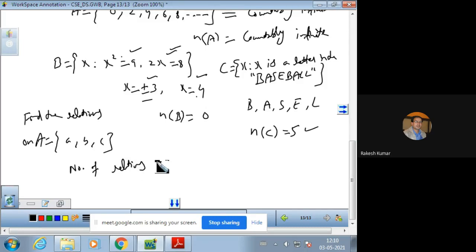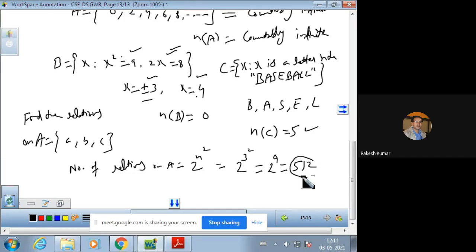To calculate relations, the formula is 2 raised to power n square, and what is n? The number of elements in the set. So 2 raised to power 3 squared, that is 2 raised to power 9, and 2 raised to power 9 is 512.